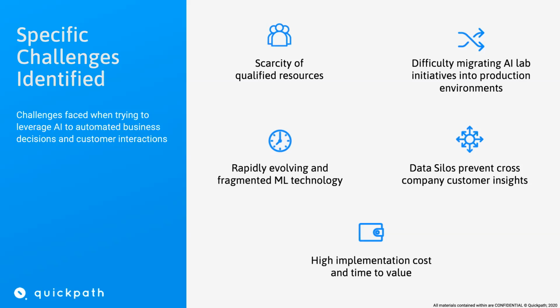We also see that there is a lot of difficulty bridging the gap between the offline analytic AI lab environments used to build, train, and validate models with the production environments in which they need to be run from a real-time or batch inference standpoint on an ongoing basis.